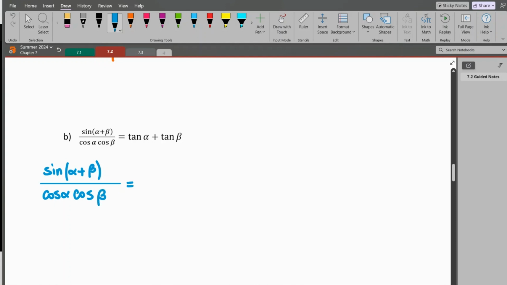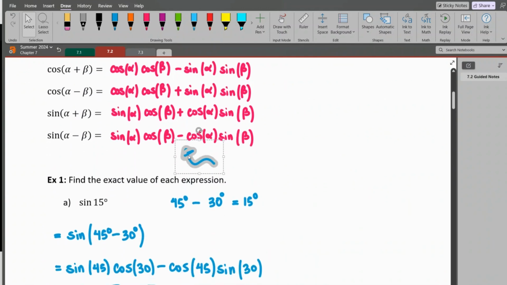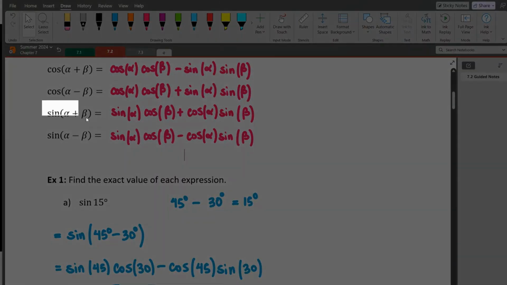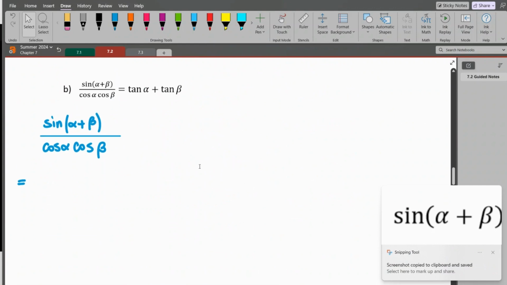There we go. And actually, I'm going to write on the next line what I'm going to do. But yeah, we're going to come up here and we'll get the identity we're looking for again. It was sine of alpha plus beta, I believe. So that's this third one. Let's bring this down here.